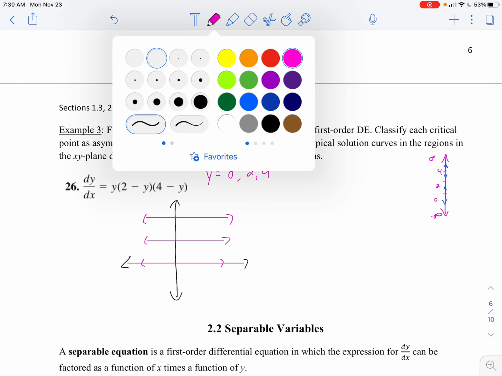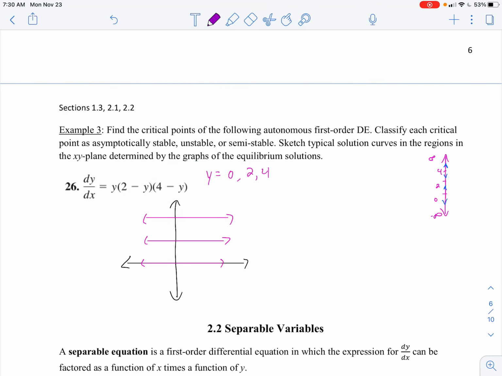And we're told that below 0, we're going to go downwards. So I'll start left, and then make our way downwards. And then from 0 to 2, we start left, and we work our way to 2.